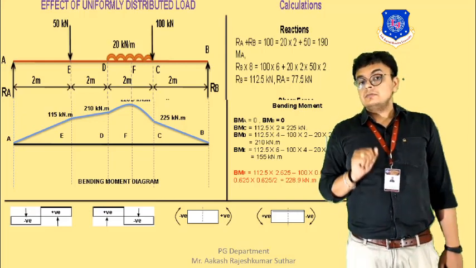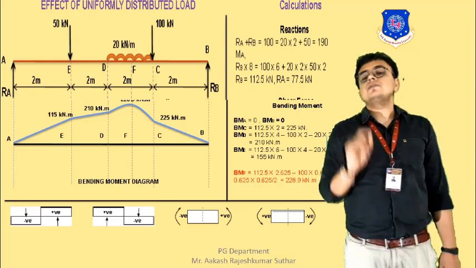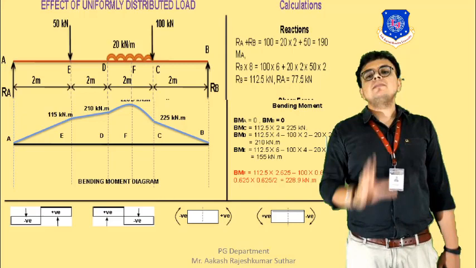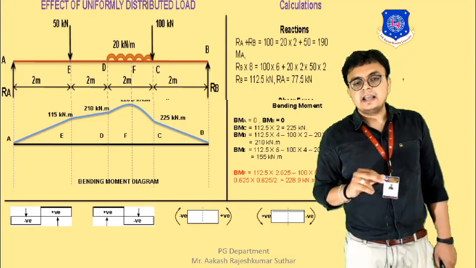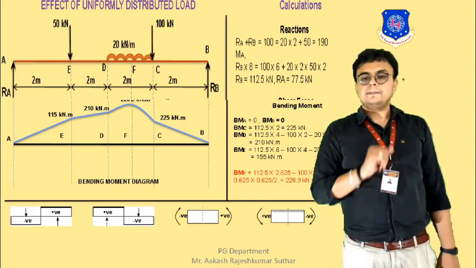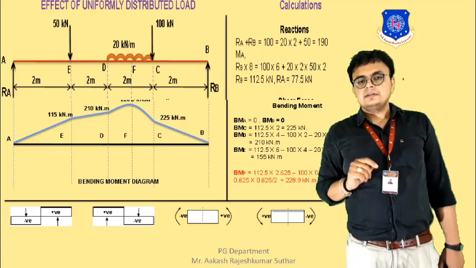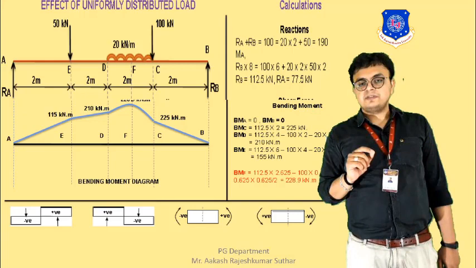Now we have a point at which the shear force was 0. Okay, so basically we need to find the bending moment at that point, and that point is at F. So let's start from the left hand side, that is the distance was 2.65.